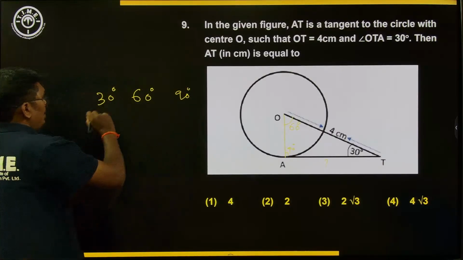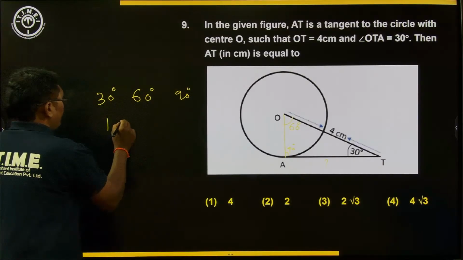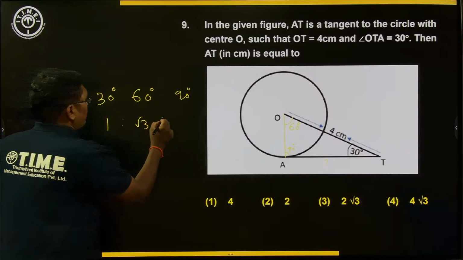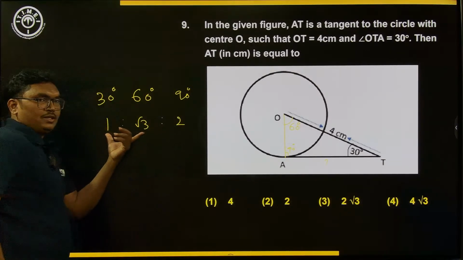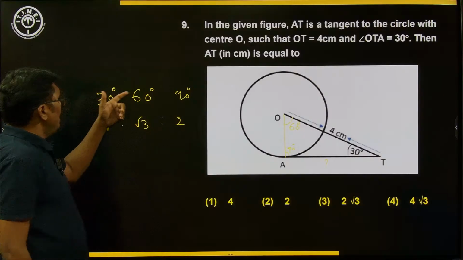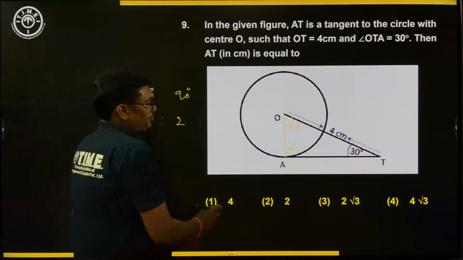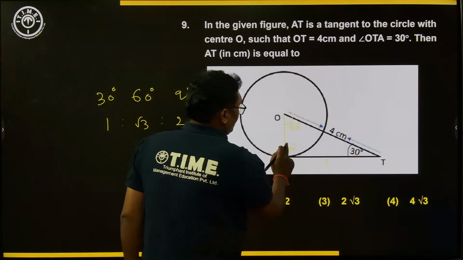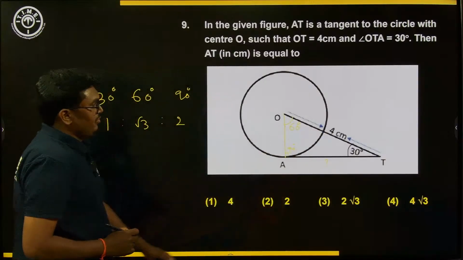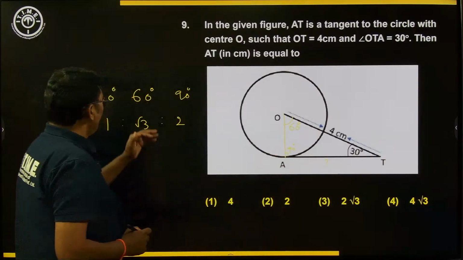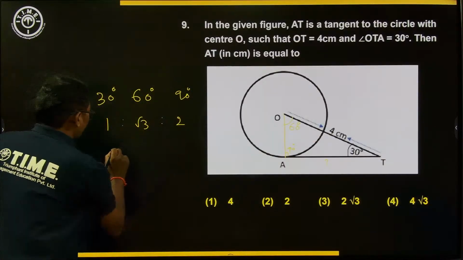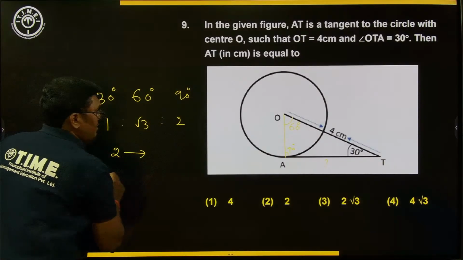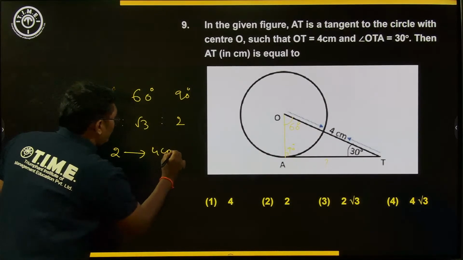The sides opposite to these angles are in the ratio 1 is to root 3 is to 2. So what is given here? Opposite to 90 is 4 centimeters. Opposite to 90, the ratio is 2 parts, so 2 parts is 4 centimeters.